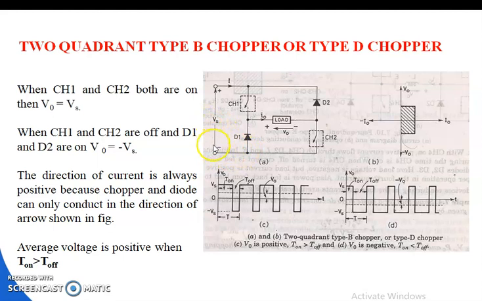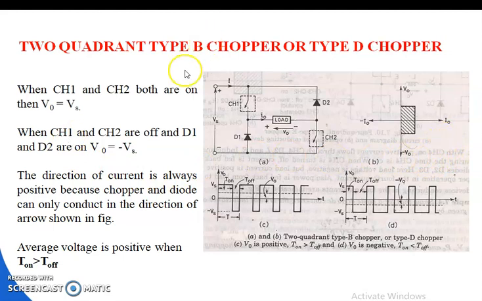In that case, the path of the current will be Vs, D1, then load, D2, again returning back to the source voltage Vs. In this case, the load current I0 will be positive and the load voltage V0 will be negative. So as V0 will be negative, I0 will be positive. So during the diode D1 and D2 conduction period, it is shown in the fourth quadrant of the VI characteristics curve.